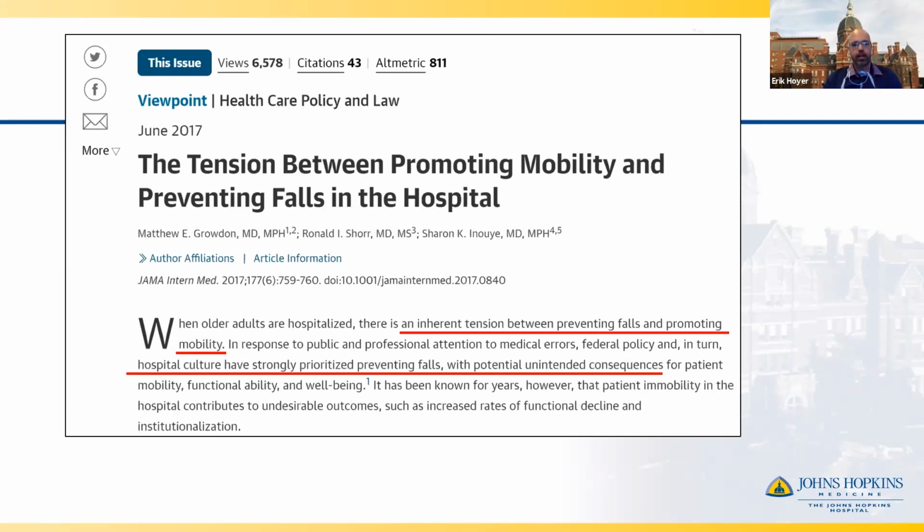So that's the first line that I highlighted. And then they go on to say that the hospital culture has strongly prioritized preventing falls with potential unintended consequences for patient mobility, functional ability, and well-being. Those were the key points that they brought up in this paper.